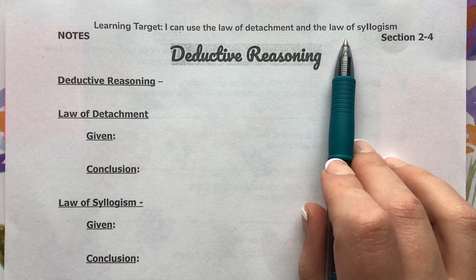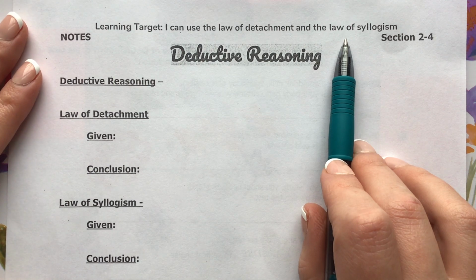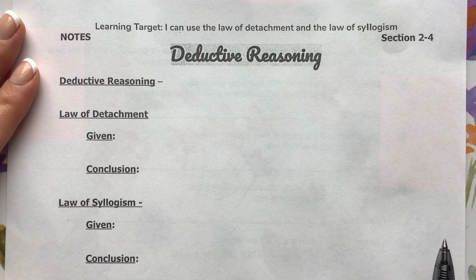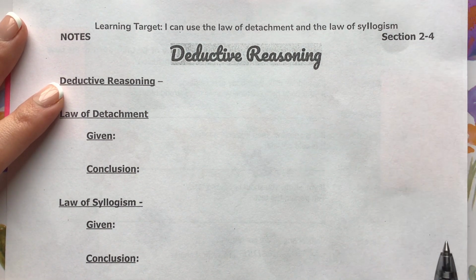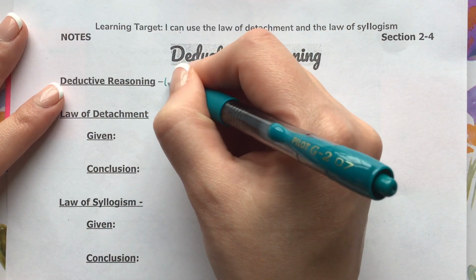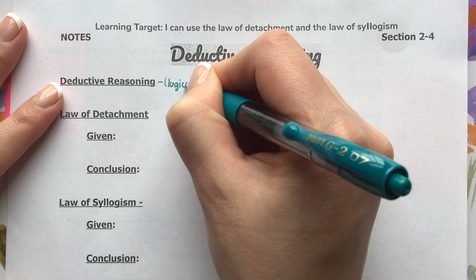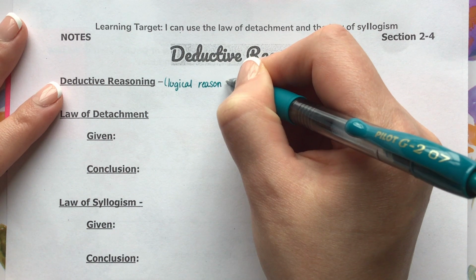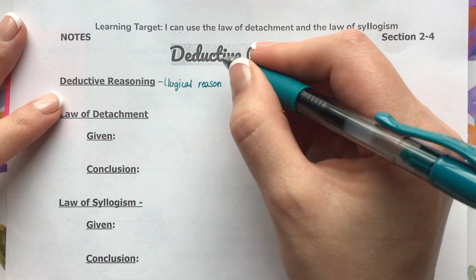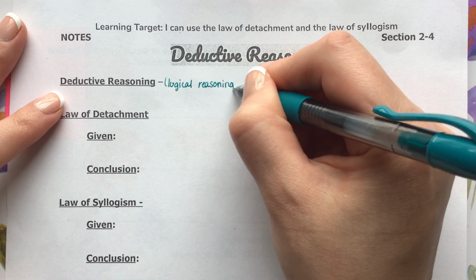We've already covered inductive reasoning. Remember, inductive reasoning, we use patterns to figure out what future elements in that sequence will be. For deductive reasoning, however, we are going to use logical reasoning. That's another way deductive reasoning is sometimes called: logical reasoning.